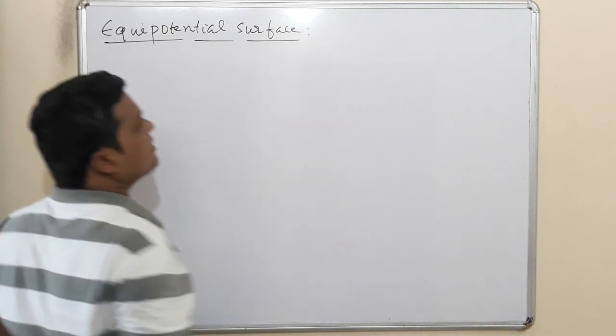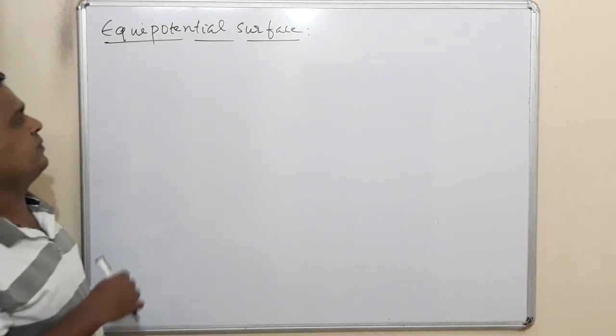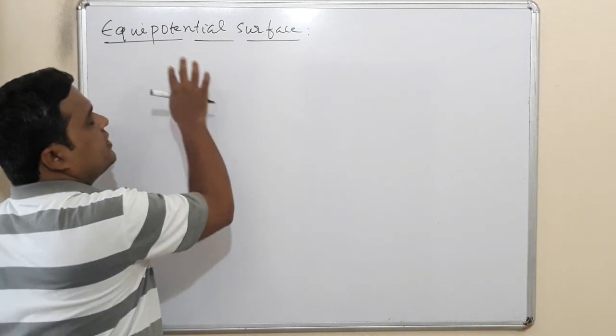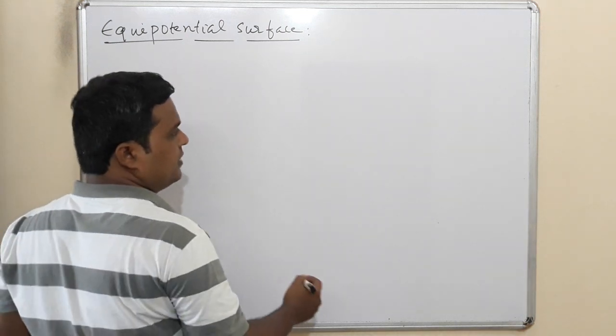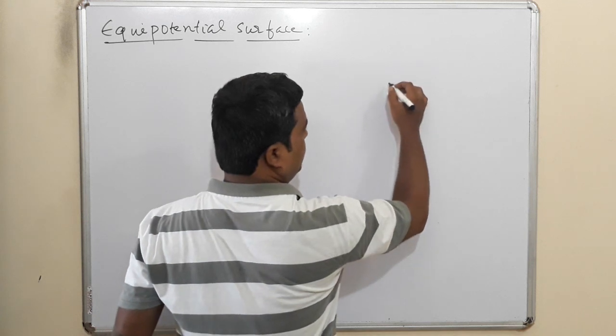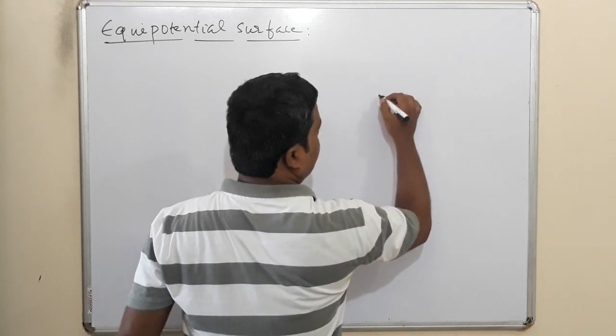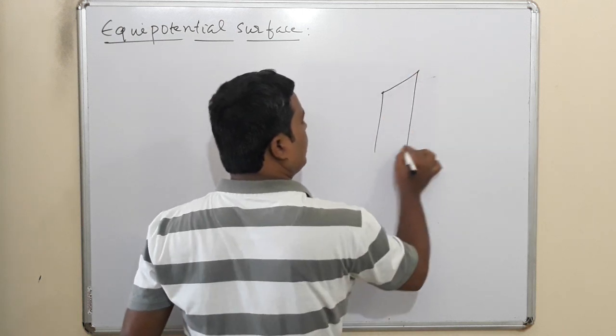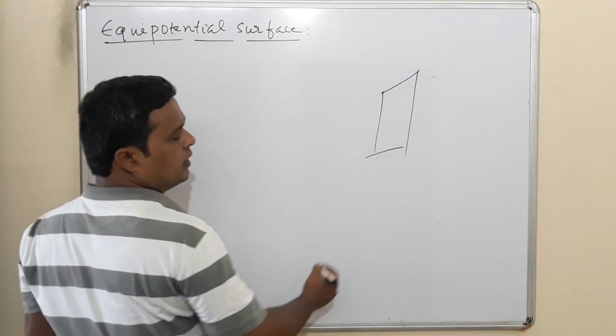As the name itself indicates, it is an equipotential surface. That means it is a surface. For example, if I draw a surface here, of any shape, this is a surface.